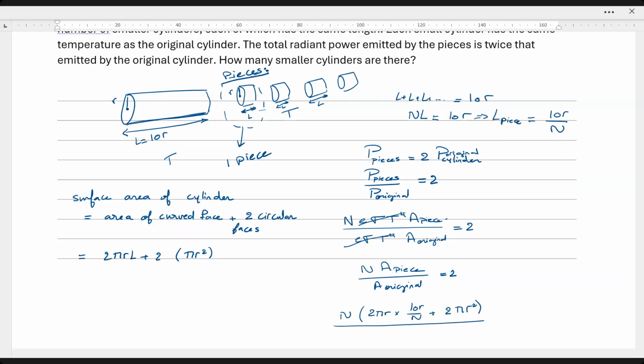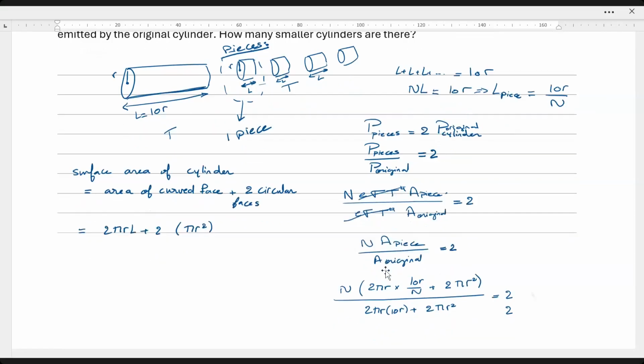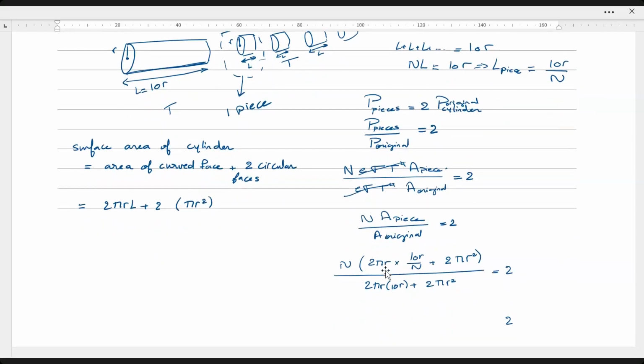Now, the area of the original cylinder is 2 pi r times L, where the length of the original cylinder is 10r, plus 2 pi r squared. This is also equal to 2. So you can see that we have n, this is what we're interested in, and we have r in our formulas. However, you will see that r is going to cancel out.